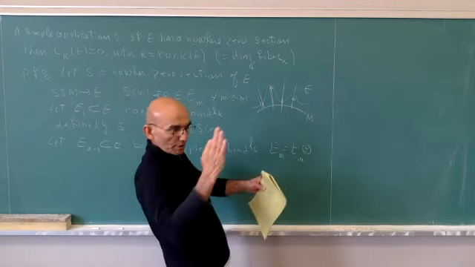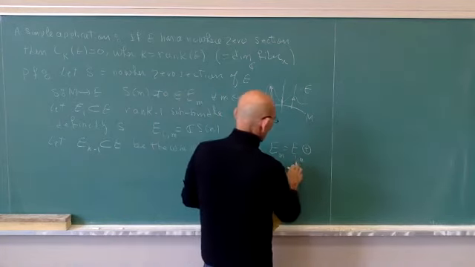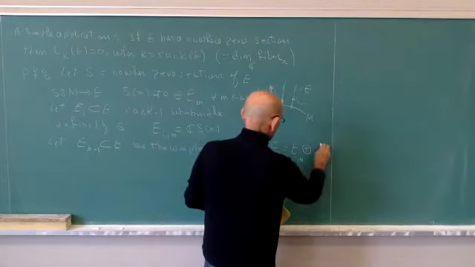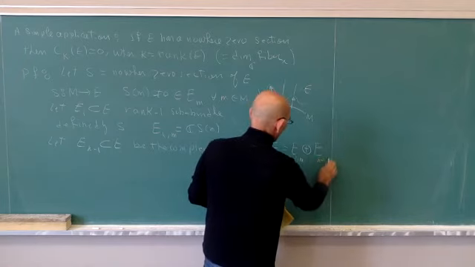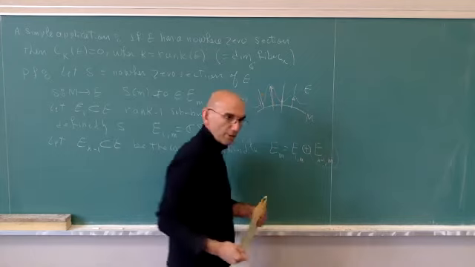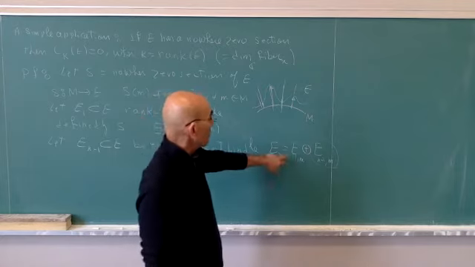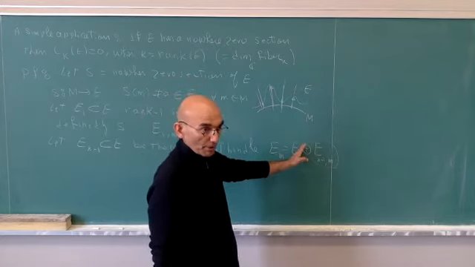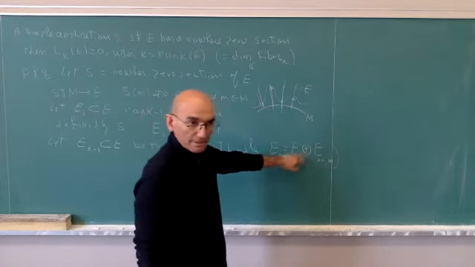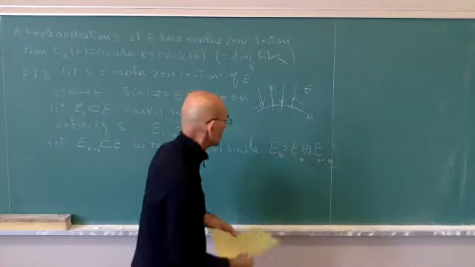You can choose a complement, but you have to choose it in a canonical way. The question is how to choose this, because you have many choices. You can define the best possible choice by putting a metric and taking the orthogonal complement. Wait until I discuss metrics and inner products on bundles, then we'll discuss it.